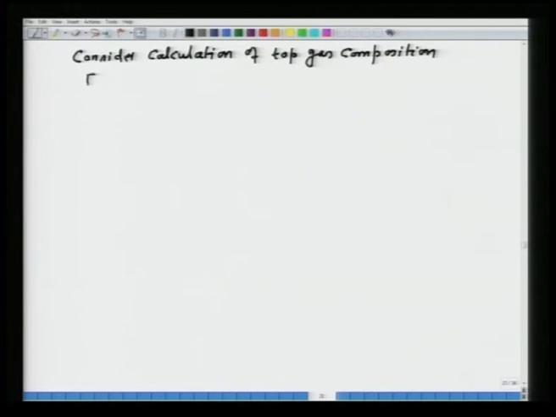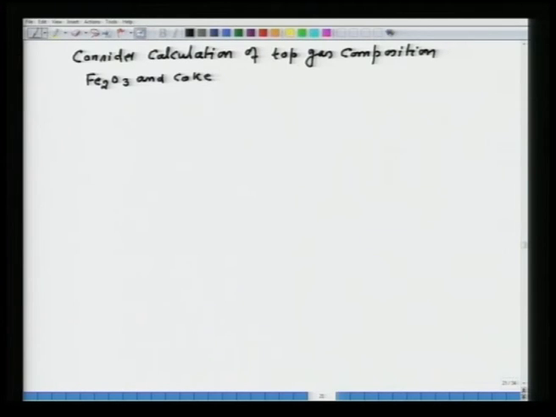Let us now consider calculation of top gas composition. We are considering an ideal blast furnace which is operating with a mixture of Fe2O3 and coke.